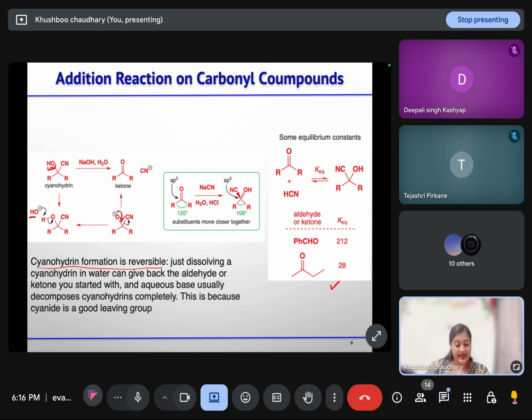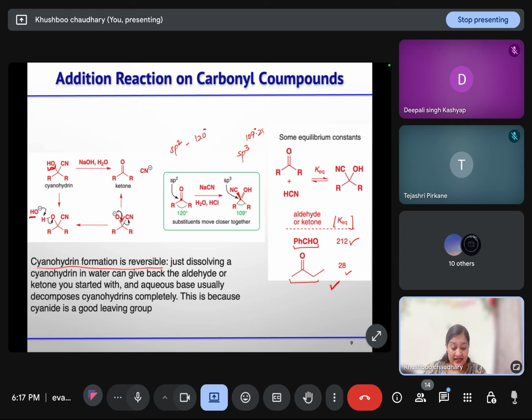Now why is it so? In the case of ketone or aldehyde, your carbon is sp2 hybridized, and the bond angle is 120 degrees. After the nucleophile attacks, your carbon becomes sp3 hybridized, and the angle is about 109.5 degrees.